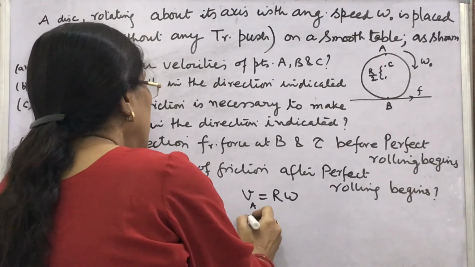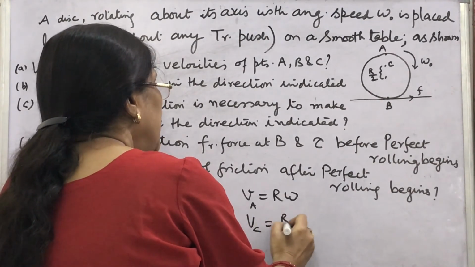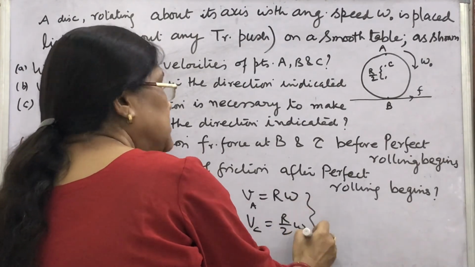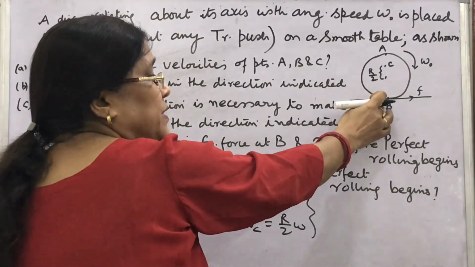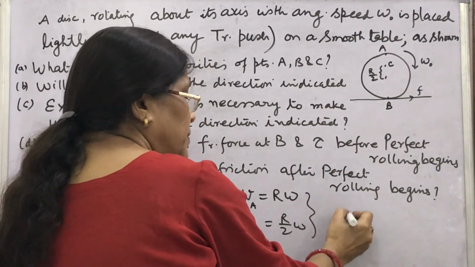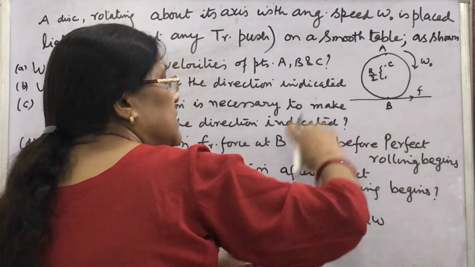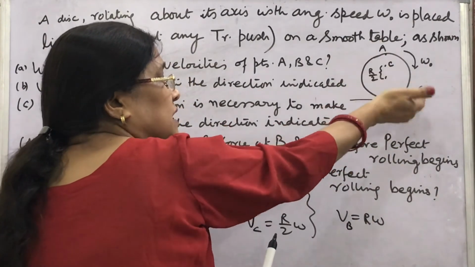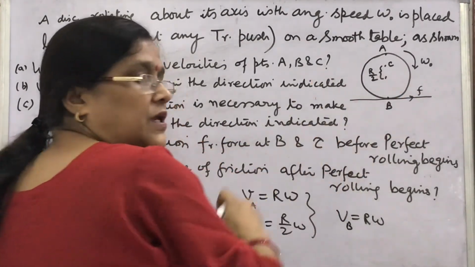And what will be VC? That will be r by 2 omega, also in the direction of the arrow. What will be the speed at B? VB will be r omega again, but you know, rotation takes place like this, so it is in the direction opposite to the arrow indicated.